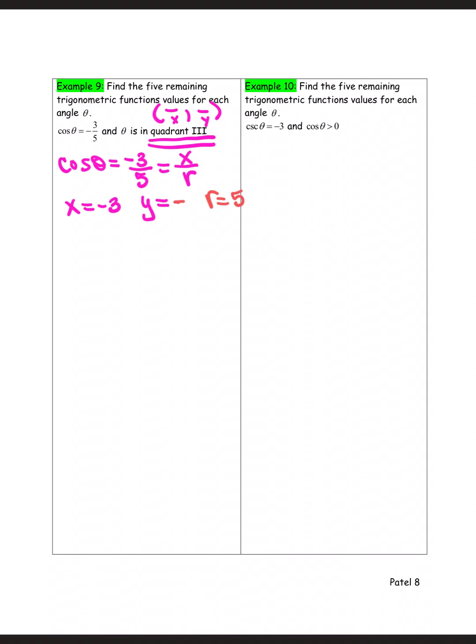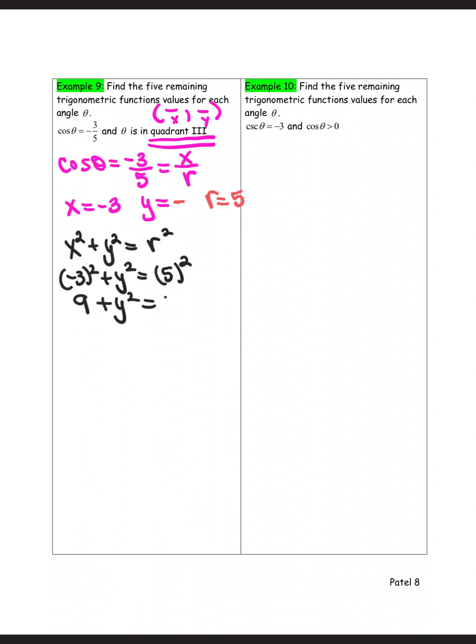So I'm going to find y by saying x squared plus y squared equals r squared. We have parentheses negative 3 squared plus y squared equals parentheses 5 squared. 9 plus y squared equals 25. Subtract 9 from both sides. We have y squared equals 16.